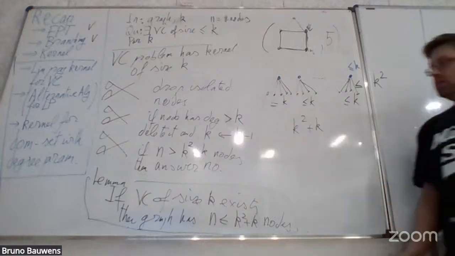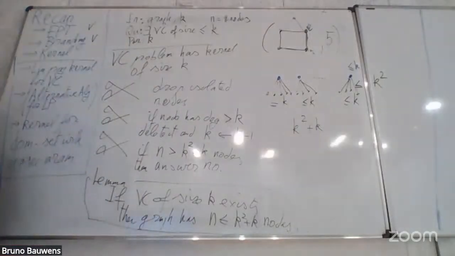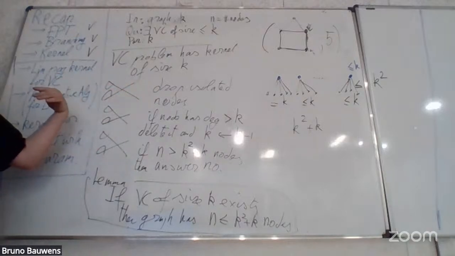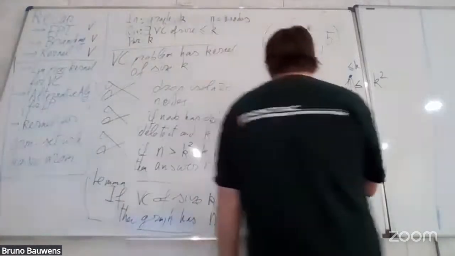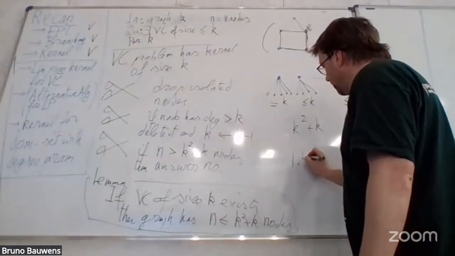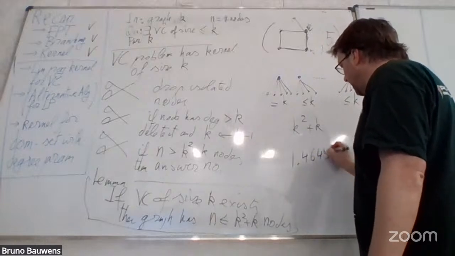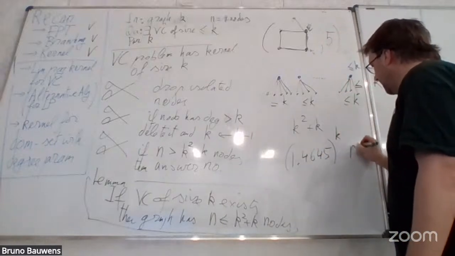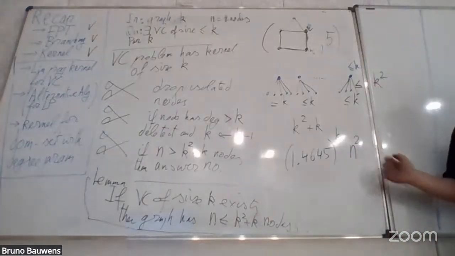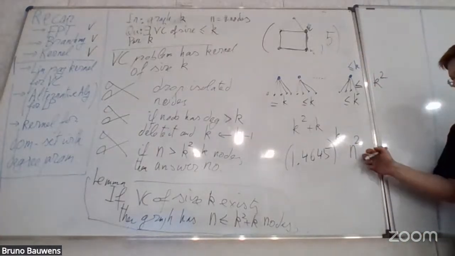Okay, so this is a kernel for vertex cover. So here I explain. Now we can combine kernel and branching. And so before we had 1.4645 to the power k, and then it was n squared work in the RAM model, like in your algorithms course.